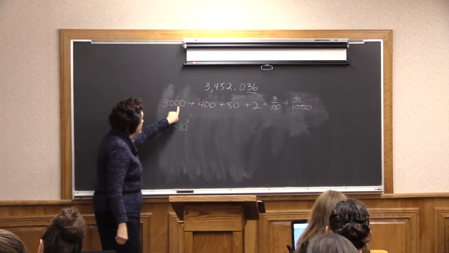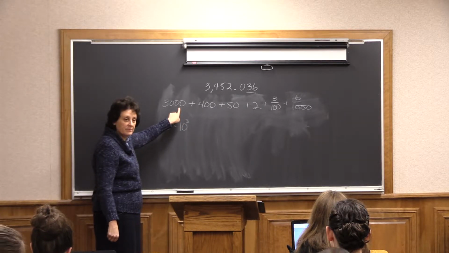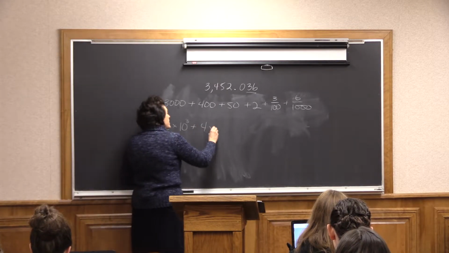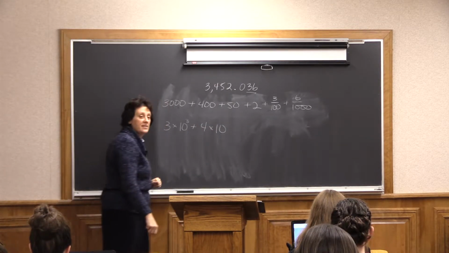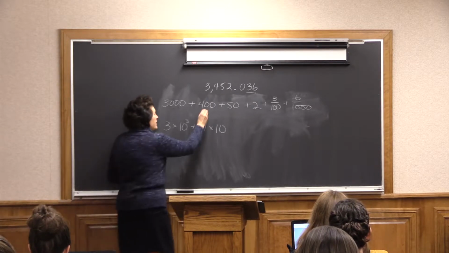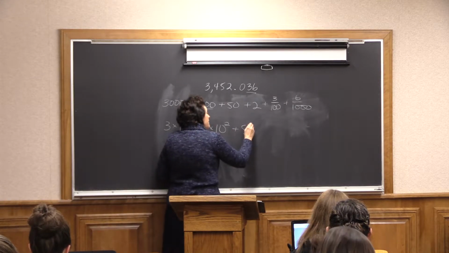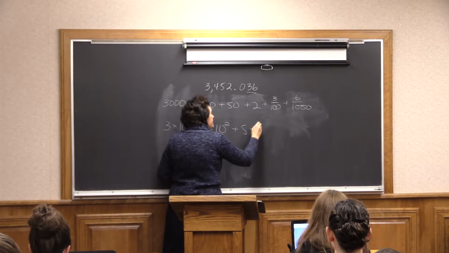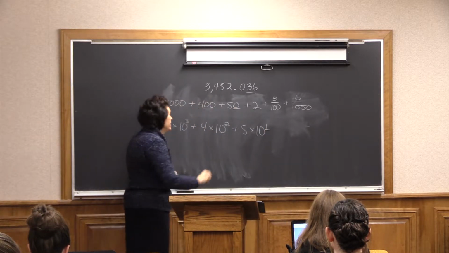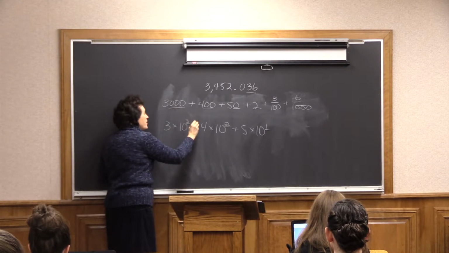This has 3 zeros behind it. So it's 10 cubed plus 4 times 10 to the second power, or 10 squared, 2 zeros, plus 5 times 10 to the first power, 1 zero, first exponent, 2 zeros, second power, 3 zeros, third power.